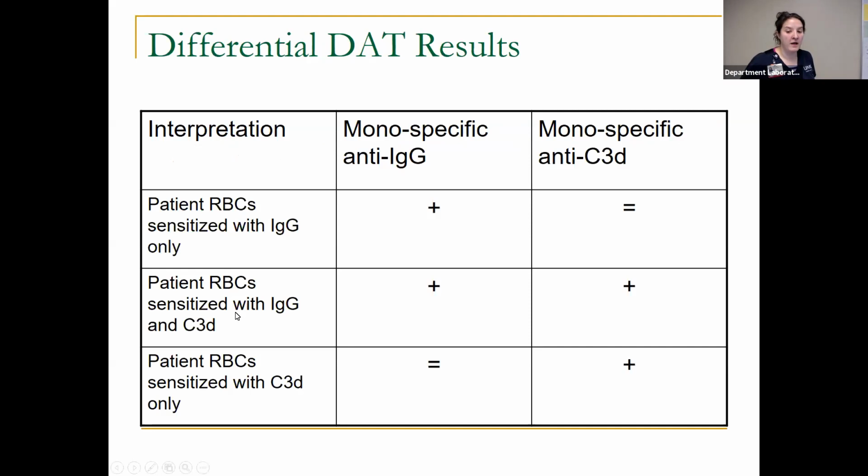If your patient has been sensitized with both IgG and complement, positive reaction with polyspecific, positive reaction with monospecific IgG, positive reaction with monospecific C3b, C3d, okay? And then if it's only complement, you'll have a positive reaction with polyspecific. So all three of these scenarios have a positive reaction with polyspecific. Negative with monospecific IgG, but positive with monospecific C3b, C3d, okay?